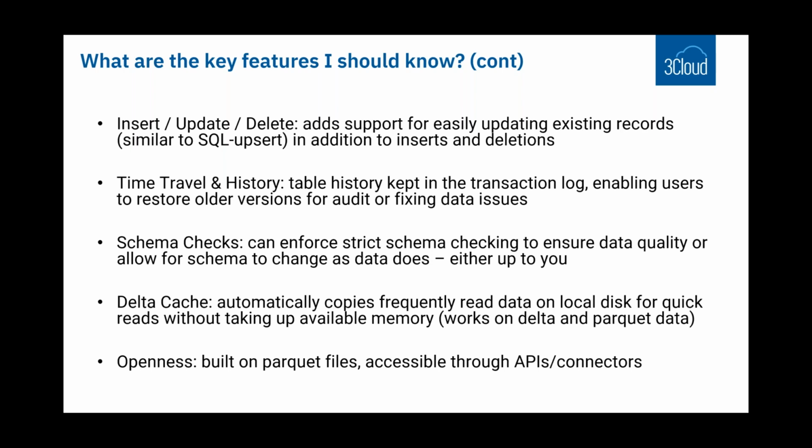There's schema checking, which I mentioned a bit briefly, that allows some enforcement on data quality. So if your table changes over time, the default behavior of a Delta table will be such that the code will fail unless the schemas match up. So you can make sure that nothing's happening that you don't expect.